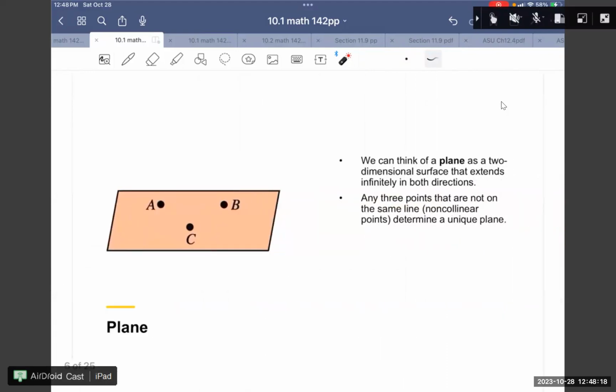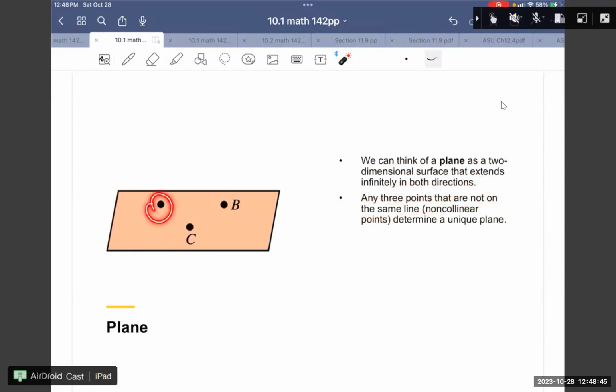Now planes. We think of a plane as a two-dimensional surface that extends infinitely in both directions. Any three points that are not on the same line, non-collinear points, determine a unique plane.